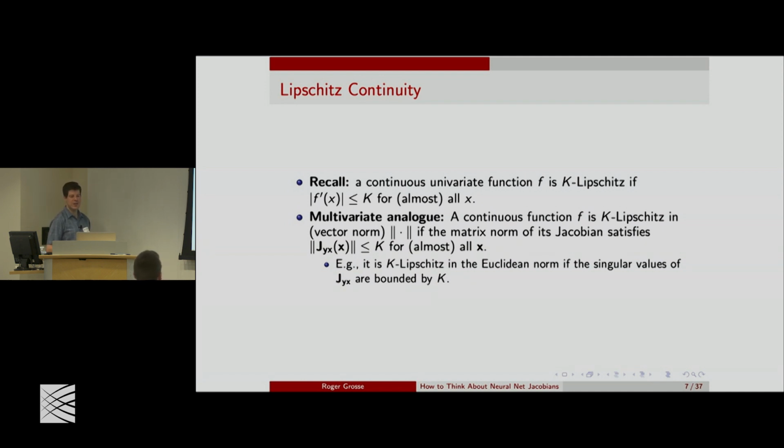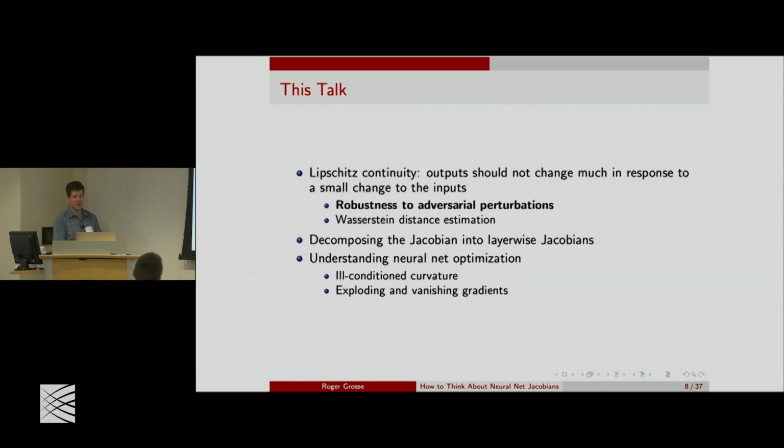For instance, if we want a function to be K-Lipschitz in the Euclidean norm, it suffices to guarantee that the singular values of the Jacobian are bounded by k everywhere. That's if the function is continuous, and it has to be continuous in order for it to be Lipschitz. Okay, so that's basically the definition of Lipschitz continuity.